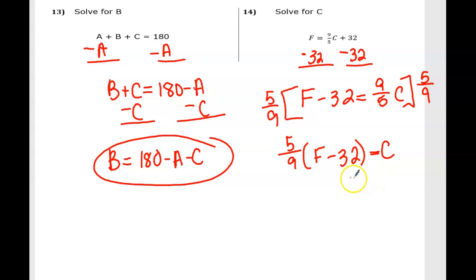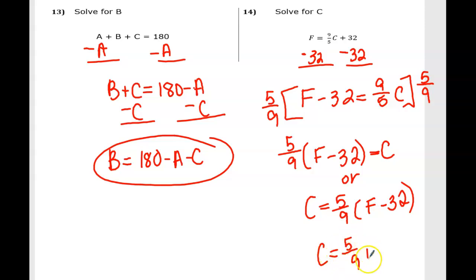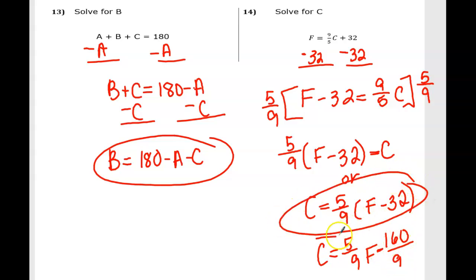Or we can rewrite this as c is equal to 5/9 times f minus 32. Or if we wrote it across, we distributed the 5/9, we can write it as c is equal to 5/9 f minus 160. Okay, so either answer is fine.